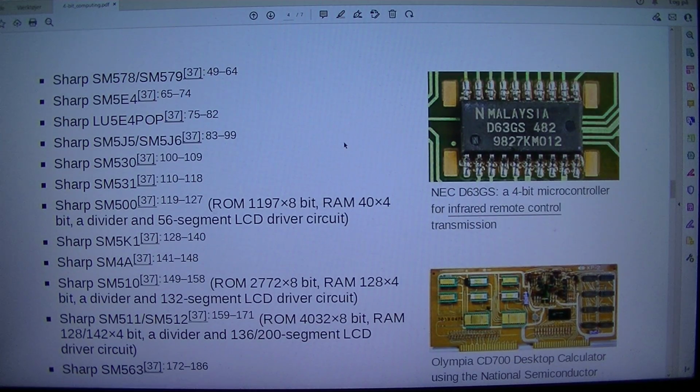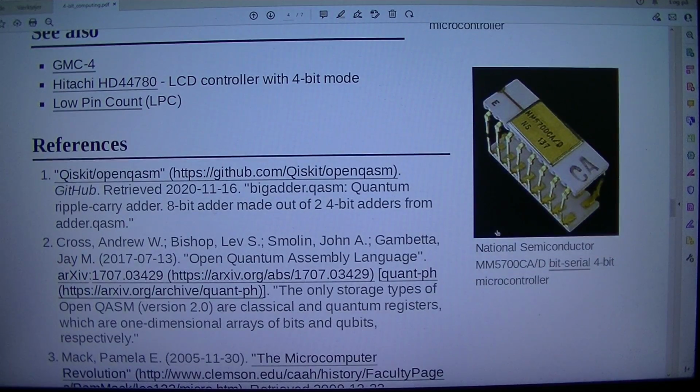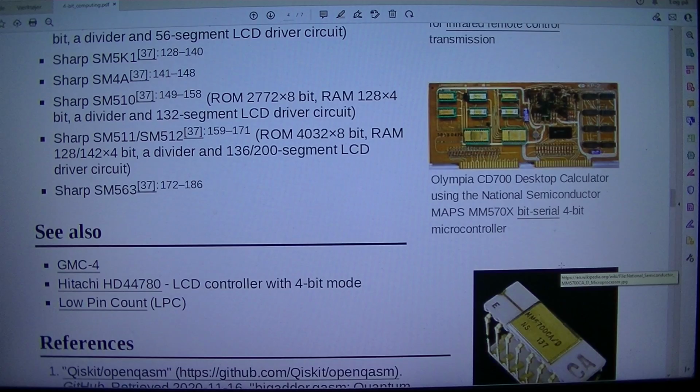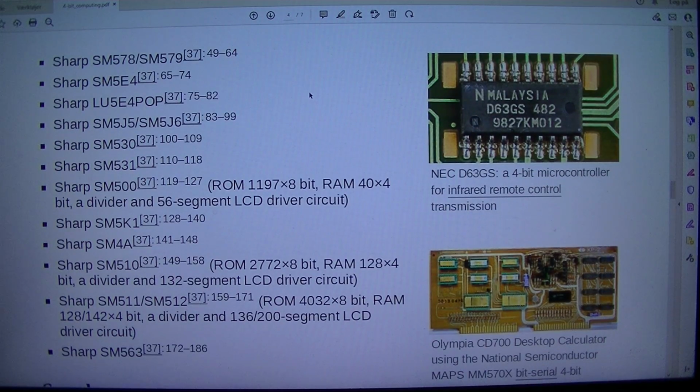National Semiconductor MM5700CA/D bit serial 4-bit microcontroller. Sharp SM578/SM579, 37, 49, 64. Sharp SM5E4, 37, 65, 74. Sharp LU5E4 POP, 37, 75, 82.